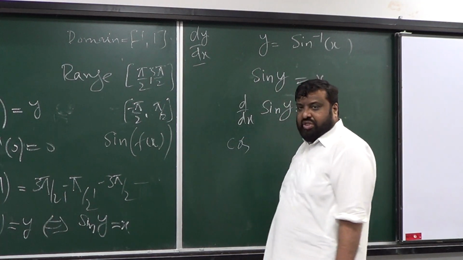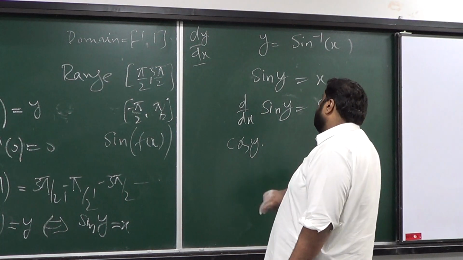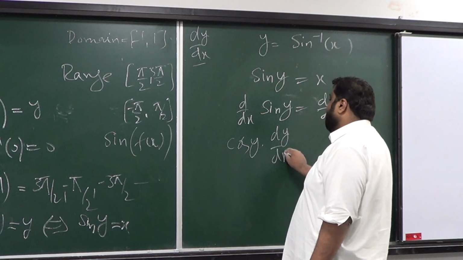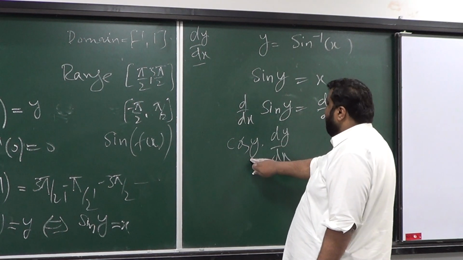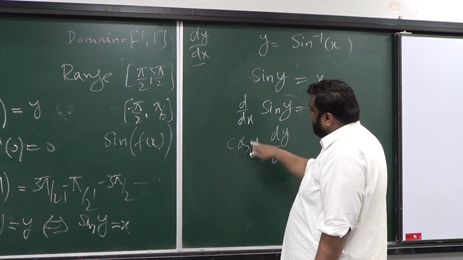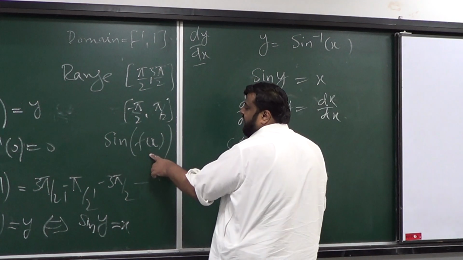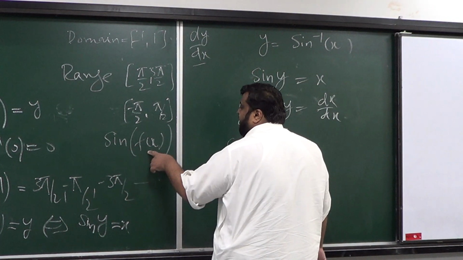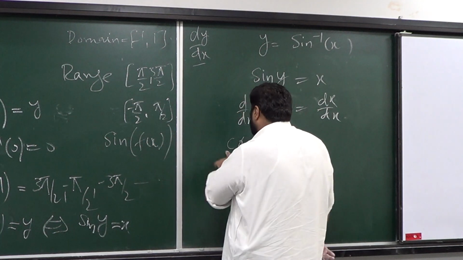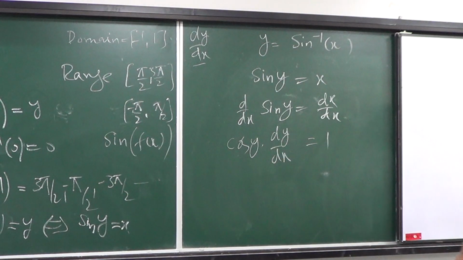So cos y, and then the derivative of the underlying function, dy by dx. For example, if you have sine f of x, you have cosine f of x multiplied by the derivative of f of x. So you are doing the same, equal to 1.